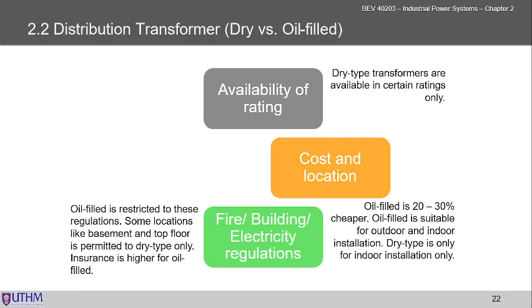That's why the oil-filled is much more dangerous and very restricted. Some locations like the basement and the top floor are permitted for dry type only. That's why the dry type is normally for indoor applications.